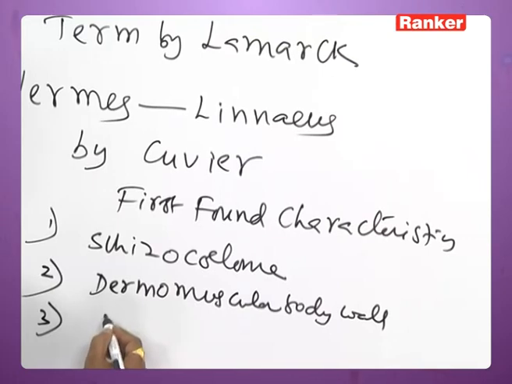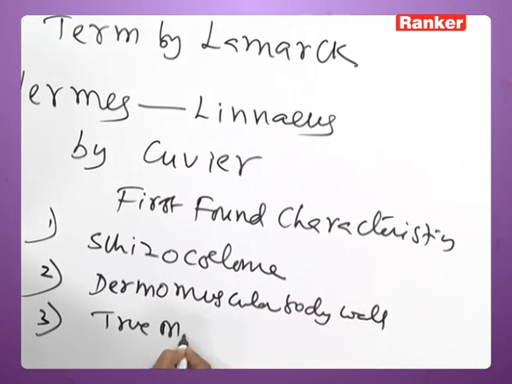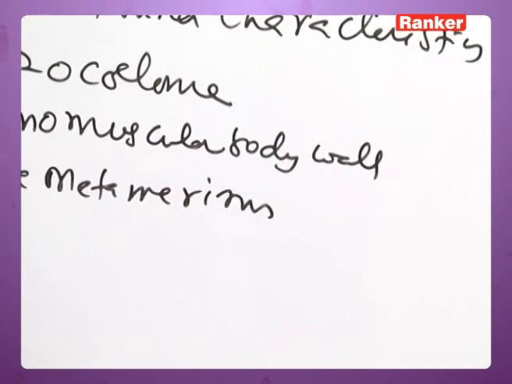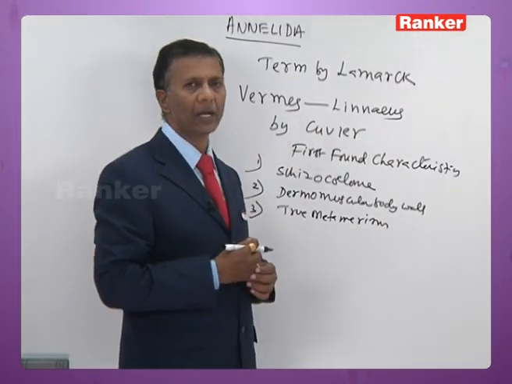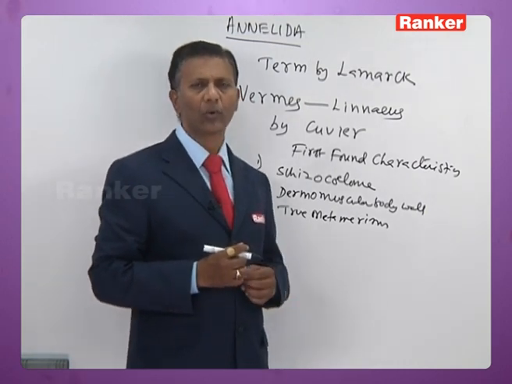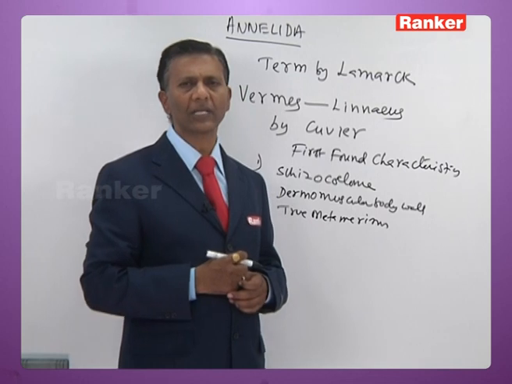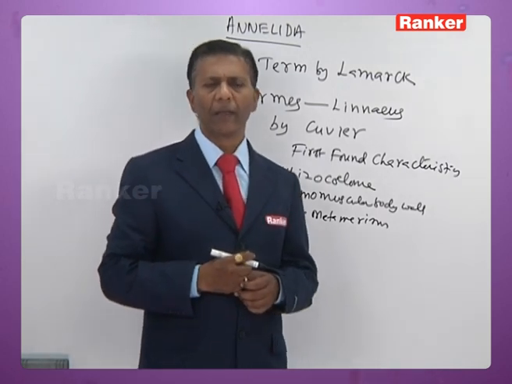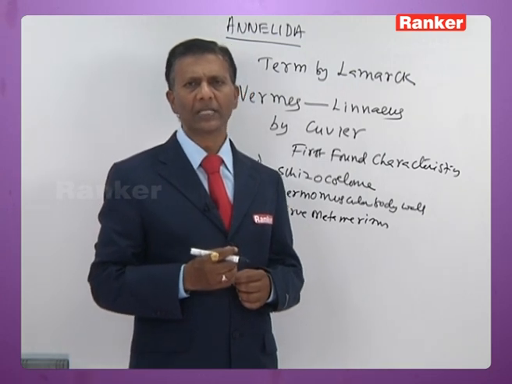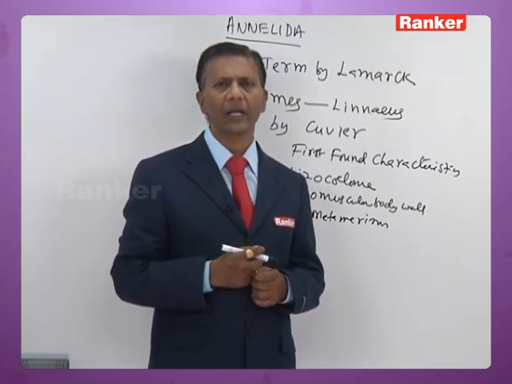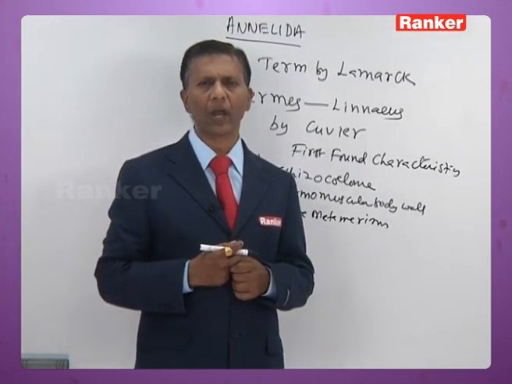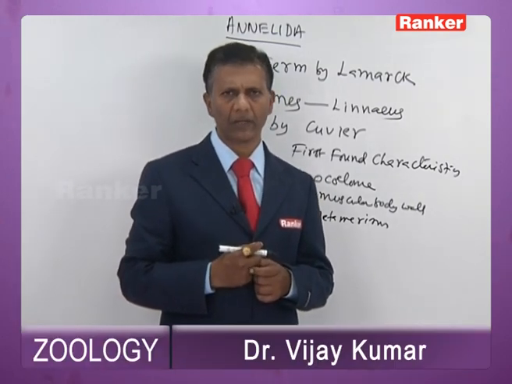to exhibit true metamerism, where the growth zone is called pygidium. It lies towards the posterior end. The first formed, that is the oldest segment, lies at the anterior end. Then the youngest or newly formed segment lies before pygidium, and it is called preanal segment.